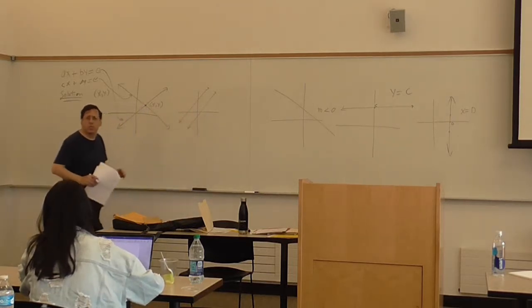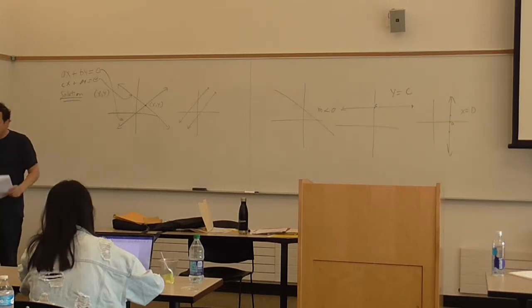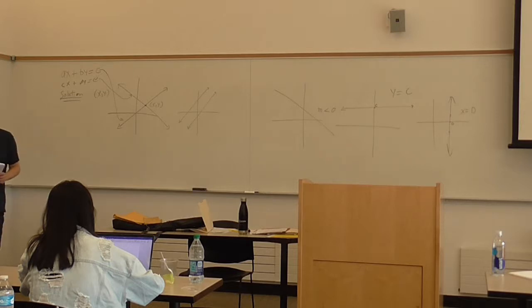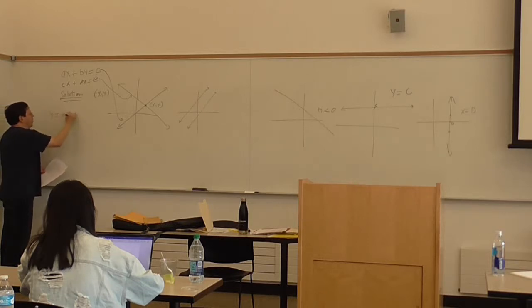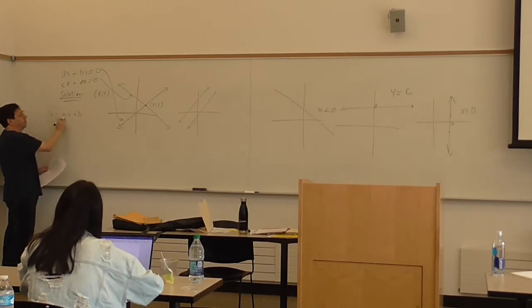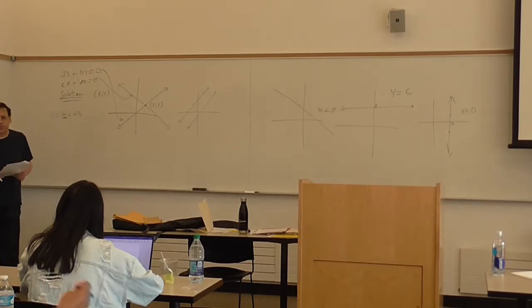Does anyone remember what that is? Same slope. Right. That's why I like this form, y equals mx plus b, because if I look at the two equations in this form, I'll immediately see their slopes are the same.